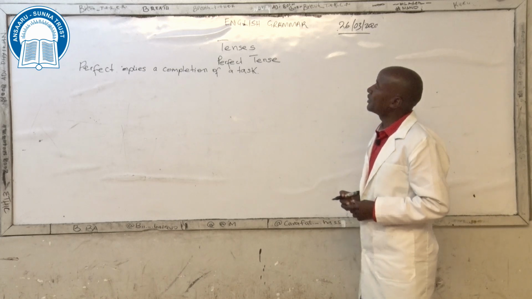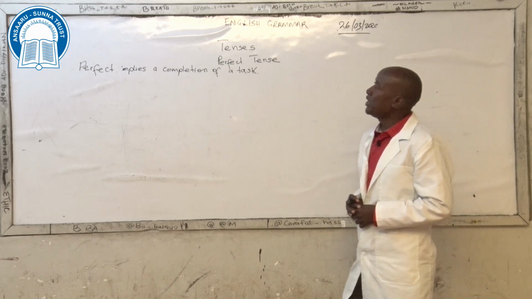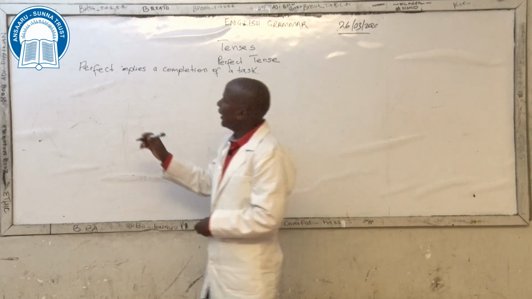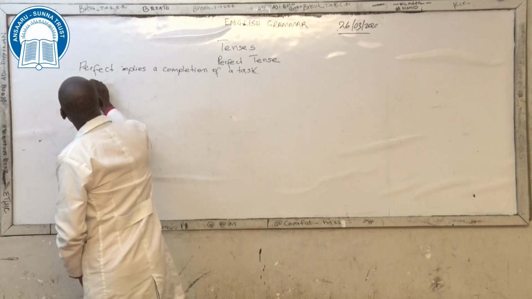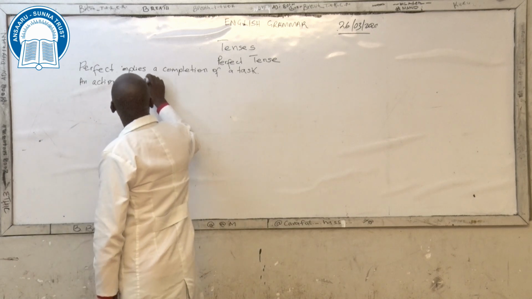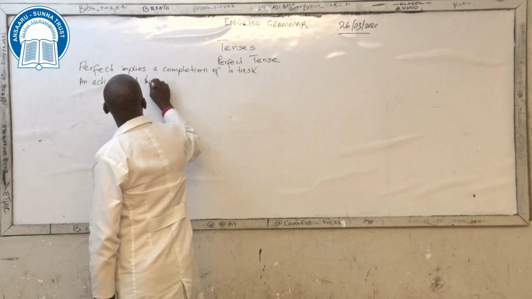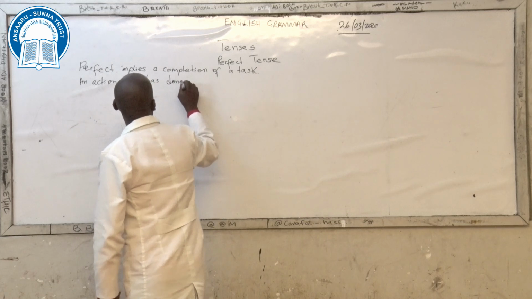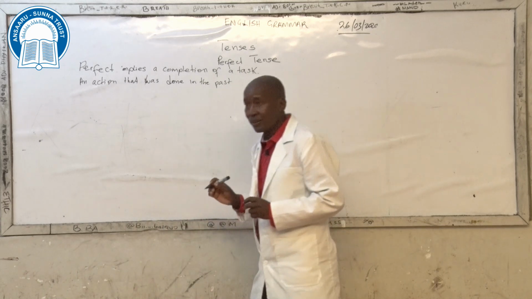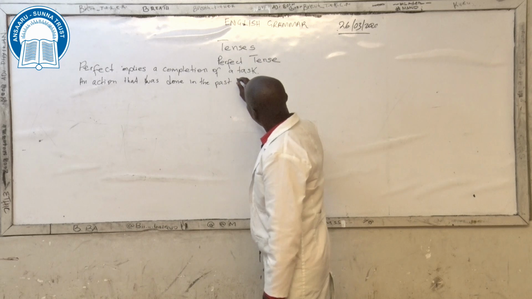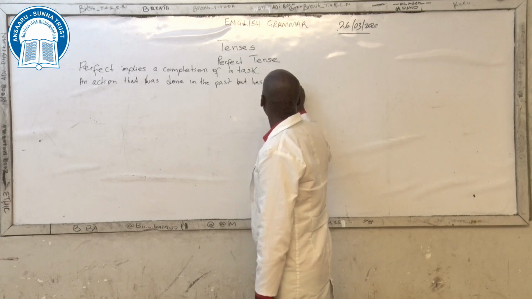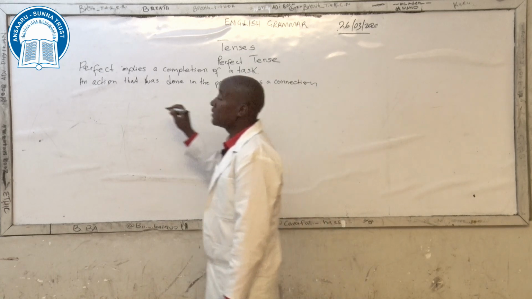So when we talk about perfect tense, we use it to imply or refer to an action that was done in the past, but has a connection with the present.